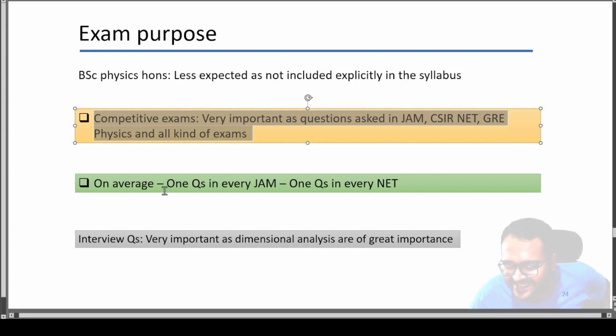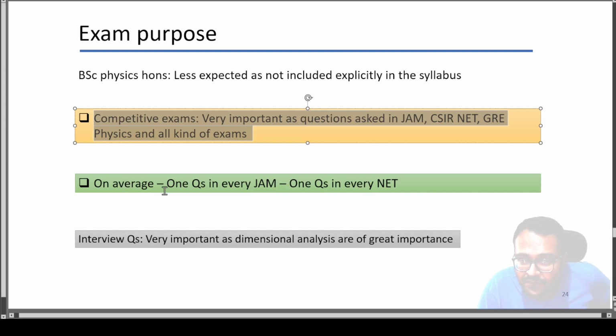As you will see, if you have 4 options and the dimensions of all 4 options are different, then you can easily find the answer by using dimensional analysis and equating the dimension of the options with the quantity asked. So as we discuss later on, we'll come across this type of problems.